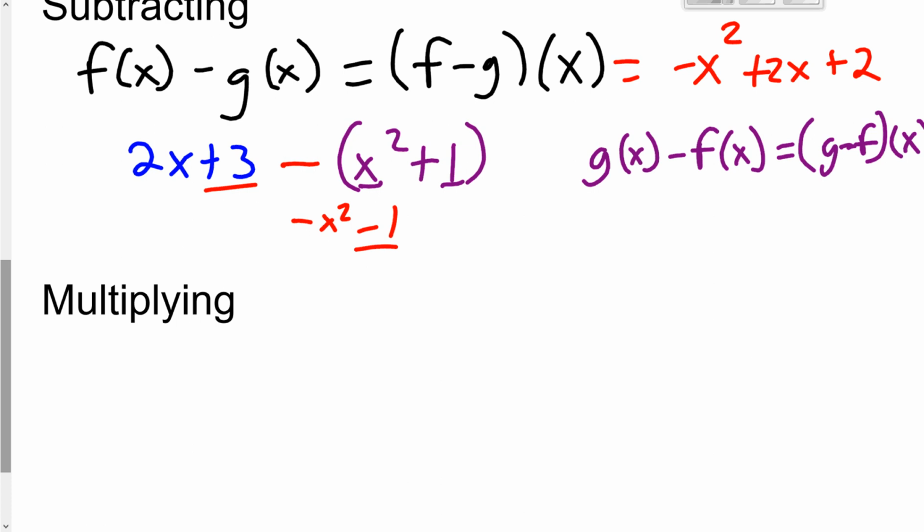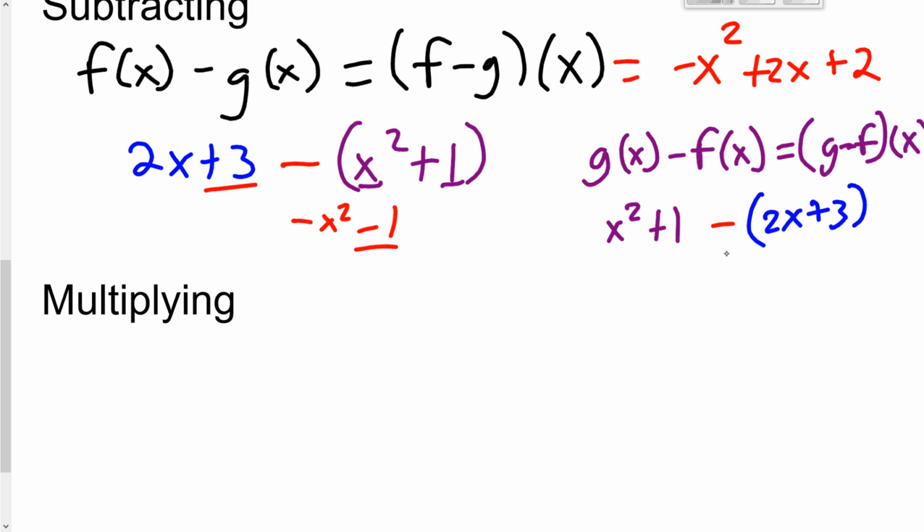When you're doing the addition one, you could do f plus g or g plus f. It wouldn't matter because 3 plus 2 is the same as 2 plus 3, right? But subtraction is different. So I'm going to take my g equation first, x squared plus 1, and then I'm going to subtract my f equation, which is 2x plus 3.